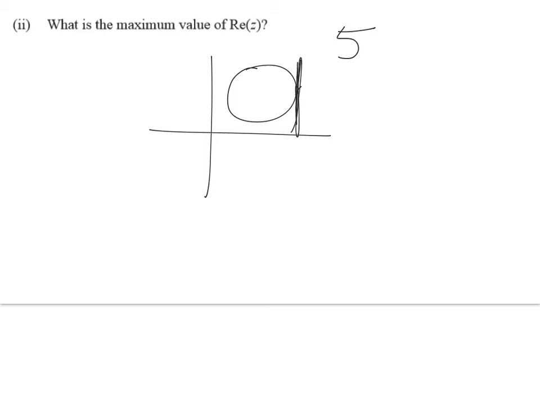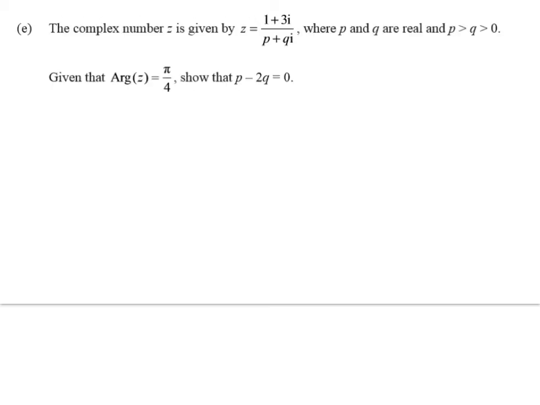And now we're going to take a look at the excellence question. Read it carefully first, because you know it's going to have something funky in there. The complex number z is given by this thing here. So z is that, and p and q are real, and p is bigger than q, and they're both positive.